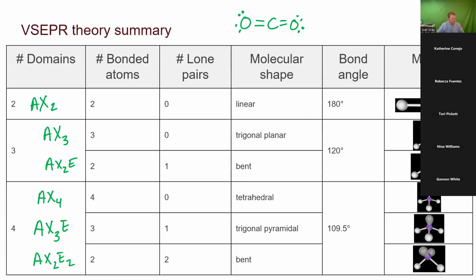AX2. Okay. Kelly, I like what you did there. But just a little bit of a reminder, we are focused on our central atom. Our central atom is our A. Our adjacent atoms, in this case oxygens, represent our X's. So we have two X's.